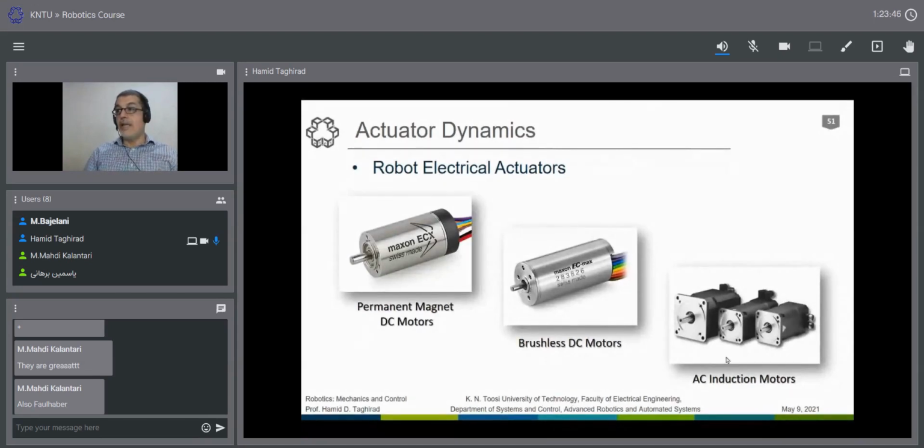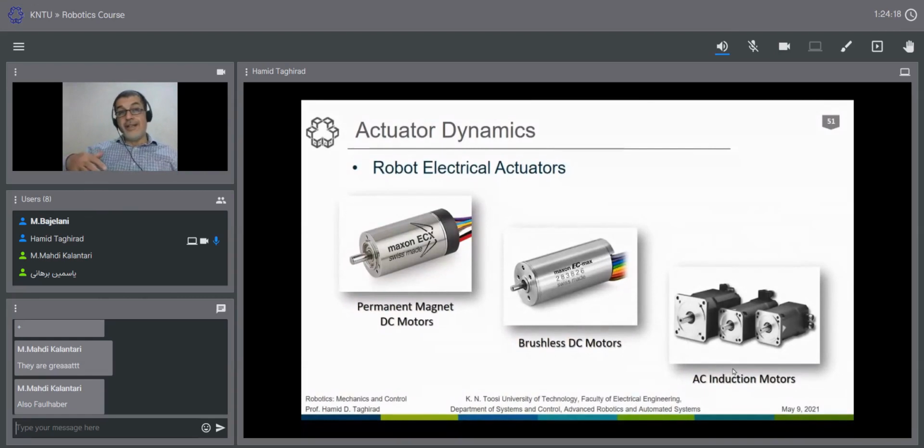And we can also have AC. Anyway, with these three kinds of motors, we usually prefer to use brushless DC motors in small robotic prototypes. But if we have a heavier robot like KUKA or Staubli, then we go to AC induction.